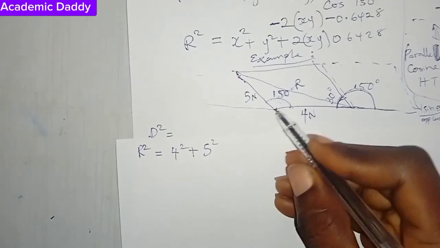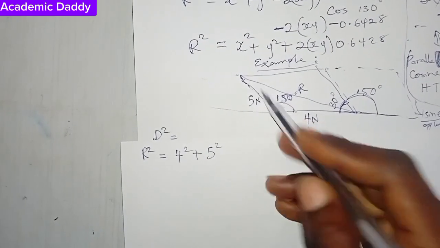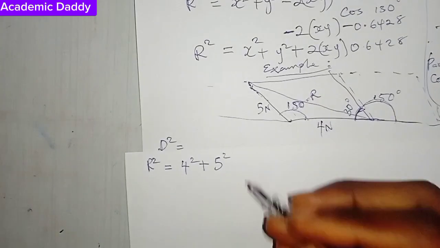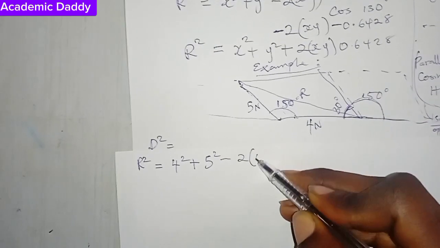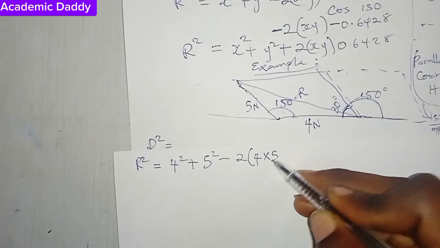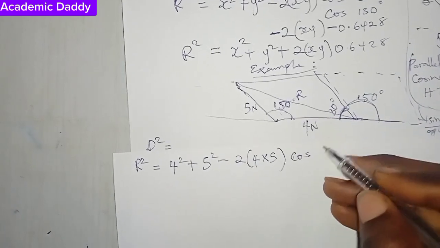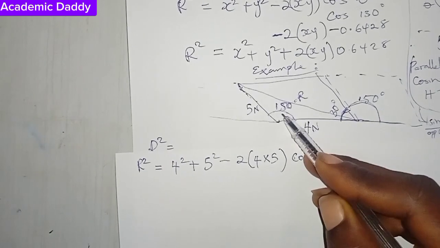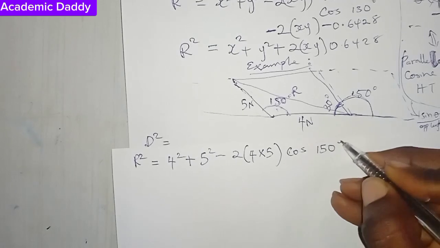You will say this is not y, yes, but whenever we are doing cosine, it's only two sides we know. So if we put one side for x, we use the other side for y. So minus 2 times 4 times 5, then cos. We can use 180 minus 30, which still gives 150, or we just use 150 because we've gotten it, whichever one you want to use.